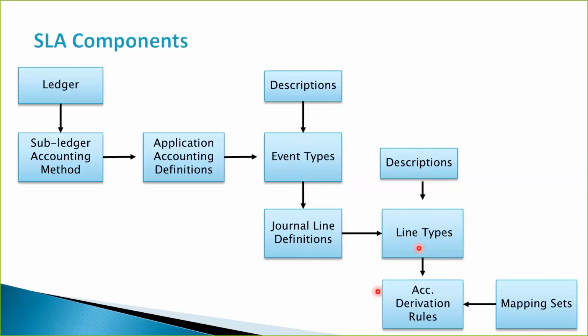And of course, line types will also be associated with derivation rules, which dictate for that line type how the account is derived. And of course, we have these mapping sets, which are an optional feature that you can use to define logic for account derivation rules.